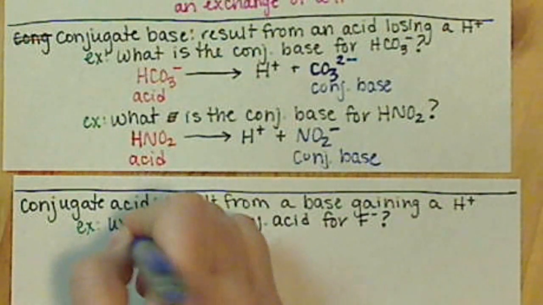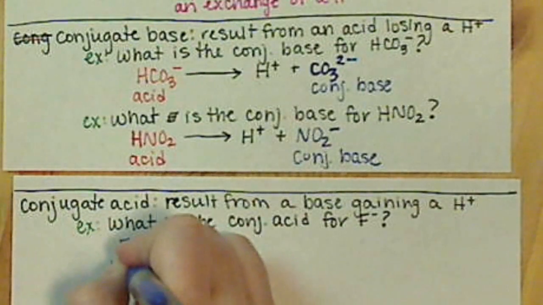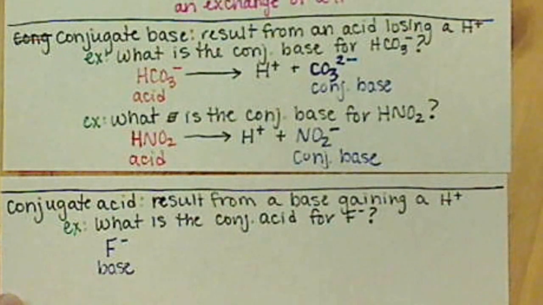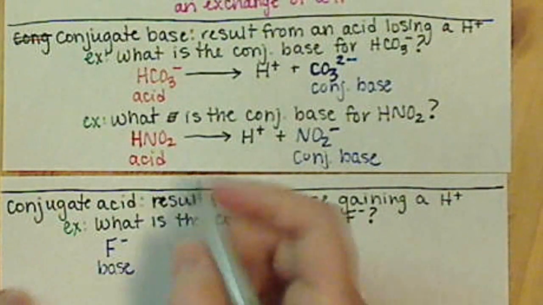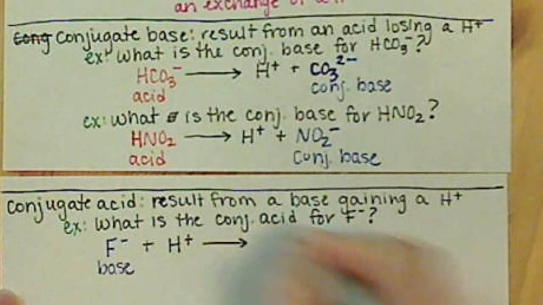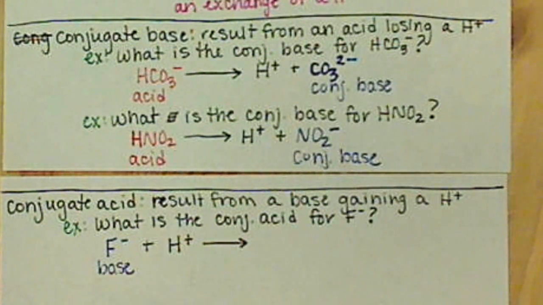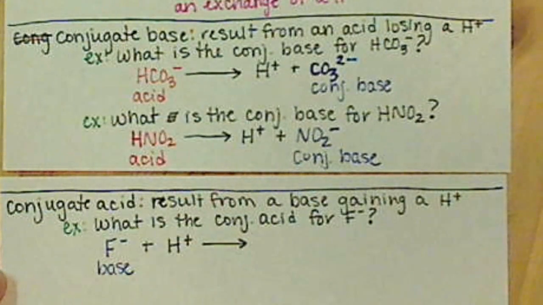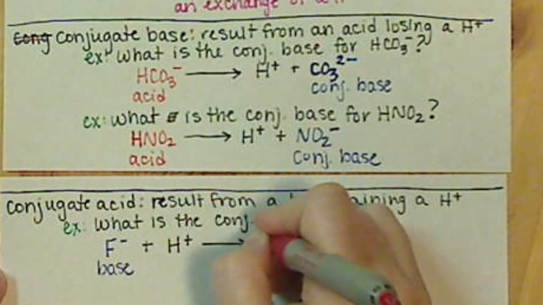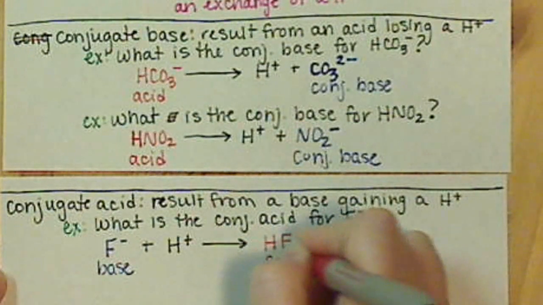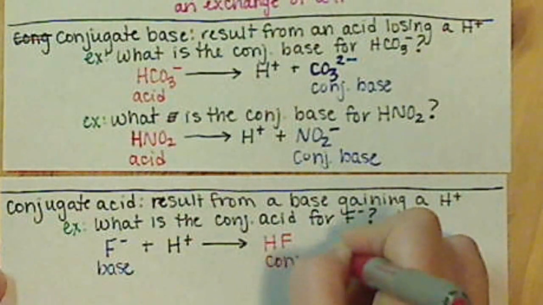So we have F minus as our base, and we're going to gain a proton, an H plus, and that's going to form our conjugate acid. So remember, acids have their hydrogen listed first, so we'd form HF, and this is our conjugate acid.